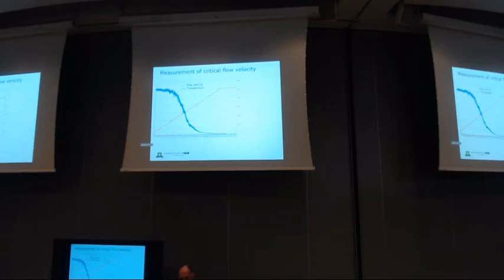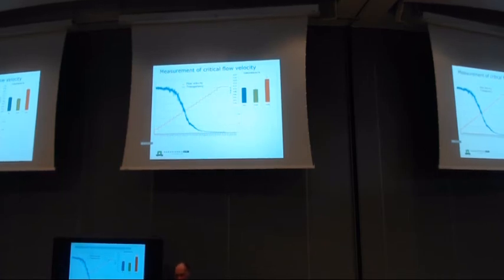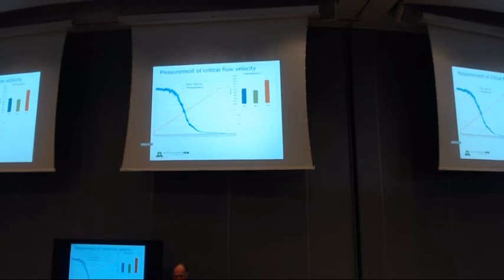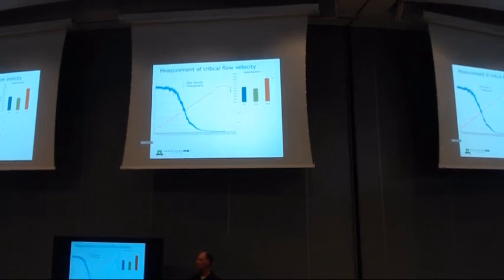We did a few of these experiments, where we could find this critical flow velocity for resuspension. We did different types of sediment, for instance, clay, peat and sand, and with some arrow bars. It makes sense that sand has a higher velocity where it starts resuspending, because usually it has more weight.